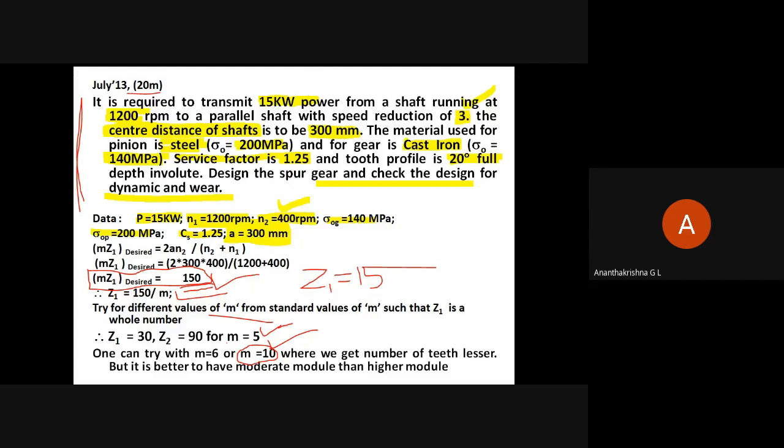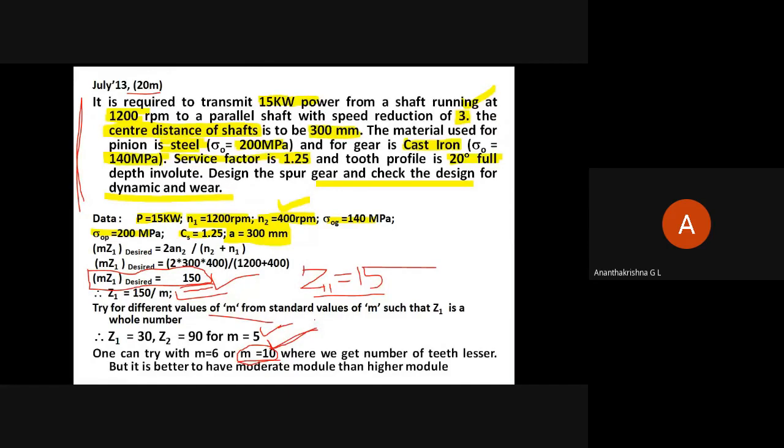Based on that discussion, we know earlier that if we take a smaller number of teeth, the design is going to be compact. But here we need to decide on the module. From the manufacturer's perspective, a higher module gear means a heavier hobbing machine and higher machine specifications.